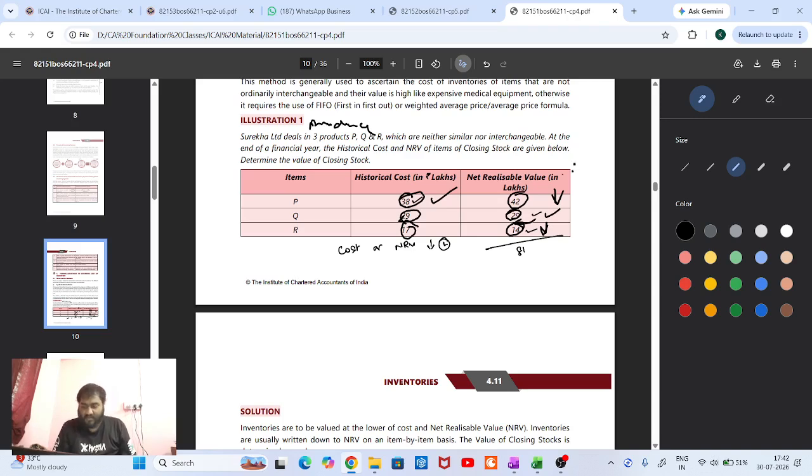Okay, so we recognize as less as possible because if you overstate your inventory, it overstates your gross profit, overstates your net profit, overstates your capital, and overstates in the balance sheet the inventory, which is never that value. Obviously, if you overstate something, it is definitely not the original value.